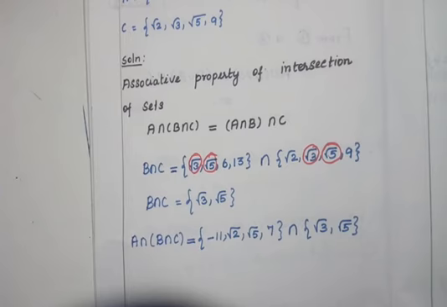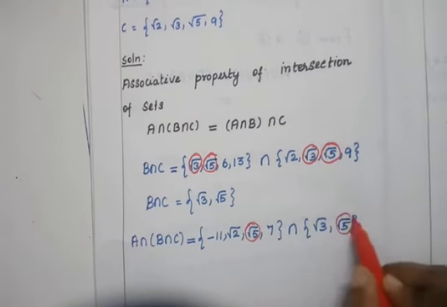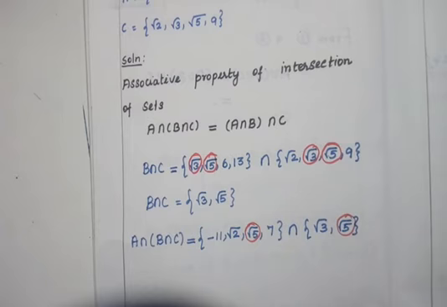Now find the common element. Here root 5 is the common. So A intersection B intersection C equals root 5. This is equation number 1.